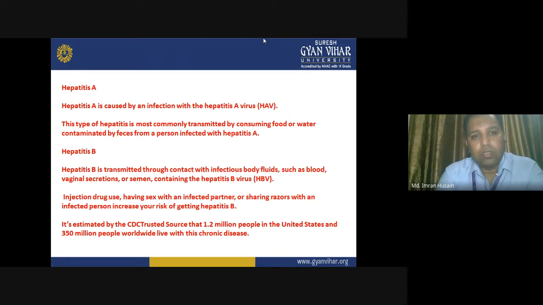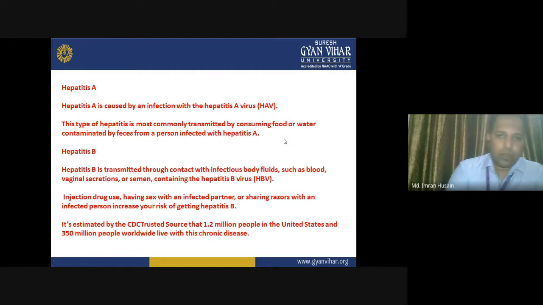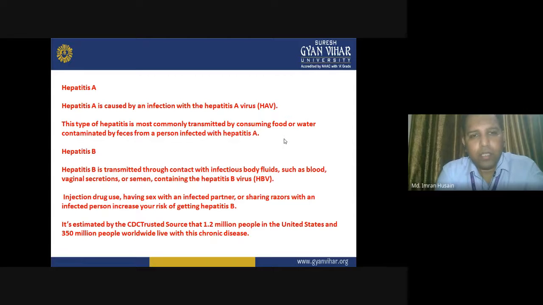This type of hepatitis is most commonly transmitted by consuming food or water that is contaminated by feces from a person who is already infected with hepatitis A. So, especially when proper sanitation facilities are not available and people are defecating near water bodies, and that individual is already suffering from hepatitis A, and that water is used for drinking by other individuals, there is a very high chance that all the other people will also suffer from hepatitis A because of the hepatitis A virus.